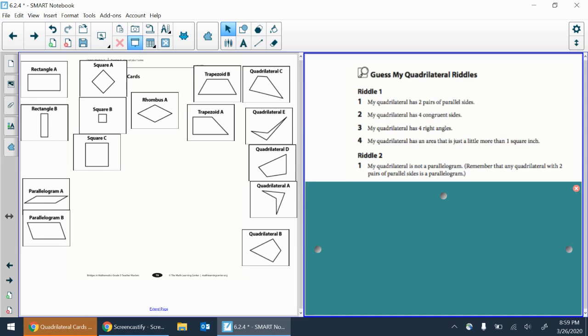Remember that any quadrilateral with 2 pairs of parallel sides is a parallelogram. So this clue is saying that my quadrilateral is not a parallelogram. Pause right here. Go ahead and sort what is a parallelogram and what is not. Remember, we want to look only at the ones that are not parallelograms.